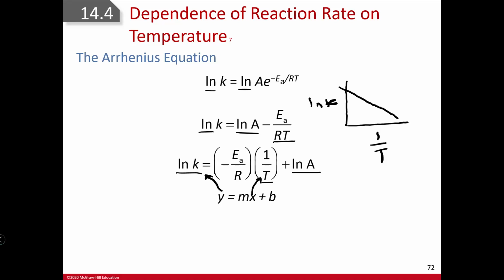When the temperature is 0, 1 over the temperature is undefined, but close to that, we will get the y-intercept, which is ln of A. So, memorize the line equation. You have this one to memorize, and then you can either manipulate it or you can memorize the line equation.